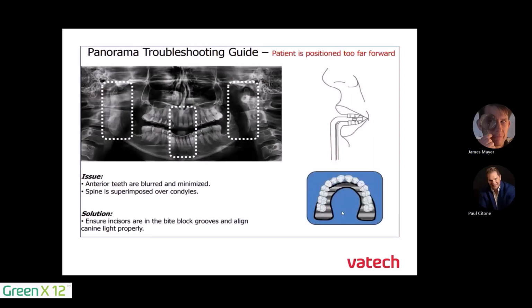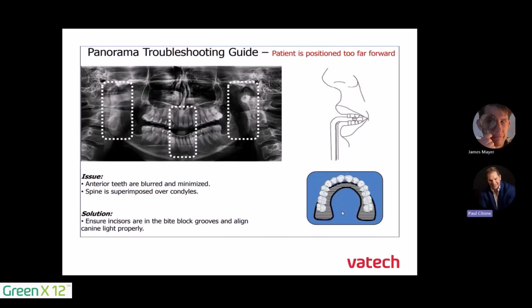The thing is, we're working with patients and they may not be compliant to what we've asked them to do. One thing that happens all the time, and you all know that, is where they bite on the bite stick too far forward. They bite in front of the groove, and maybe we don't have our canine light properly aligned. Paul, what do we see here that usually happens when we're out of that focal trough?